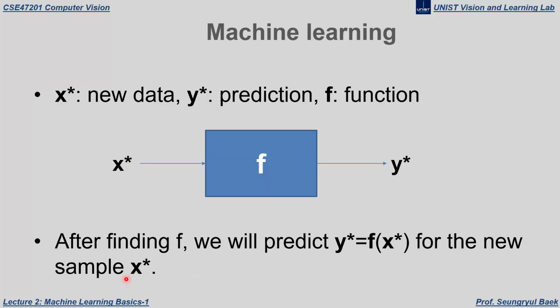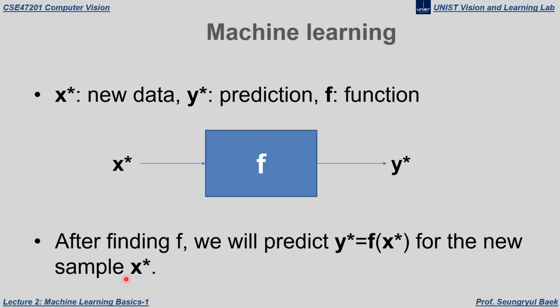We desire the function f to output the plausible output y star for a new sample x star, and we desire this to be close to the corresponding ground truth y star. We call this the test phase.